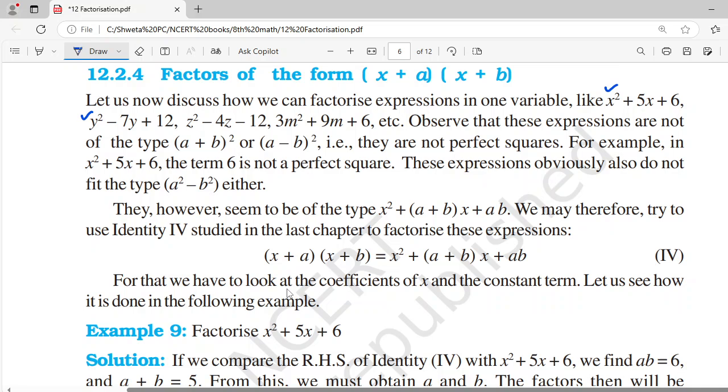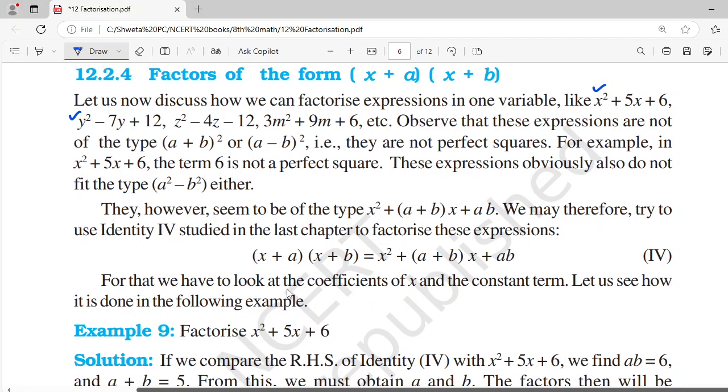These expressions obviously also do not fit the type a² − b² because there are three terms, and in that identity, in the expansion we have only two terms. They however seem to be of the type x² + (a + b)x + ab. We may therefore try to use identity 4 studied in the last chapter to factorize these expressions.